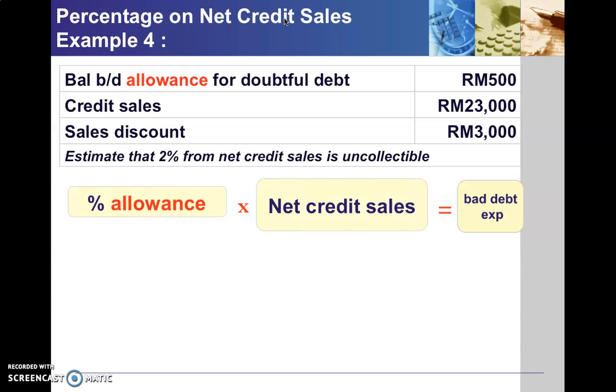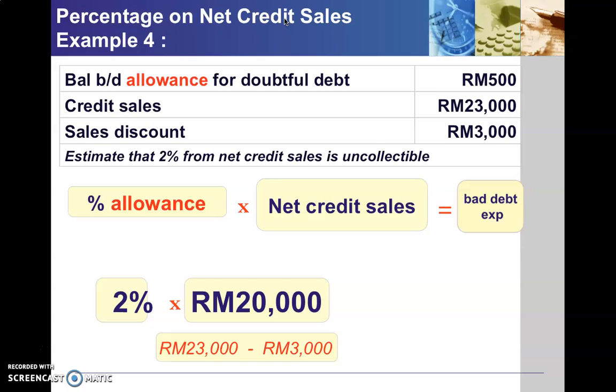The formula: percentage allowance multiplied by net credit sales equals bad debt expense. 2% multiplied by 20,000, which is 23,000 minus 3,000, equals bad debt 400.